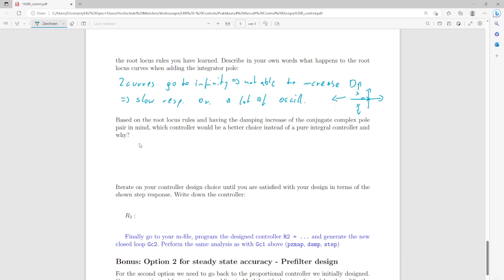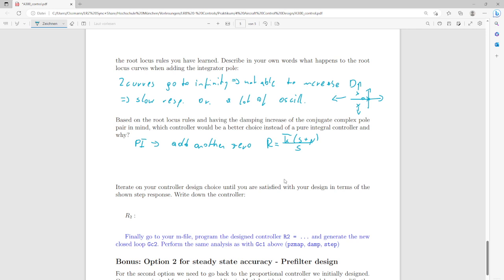So how can we fix that? Well, we can simply fix this with a PI controller, because a PI controller will add another zero. It will solve our problem, right? So we can say, okay, we're going to use a controller which just has a certain gain, it has a zero, and it has an integrator, okay?